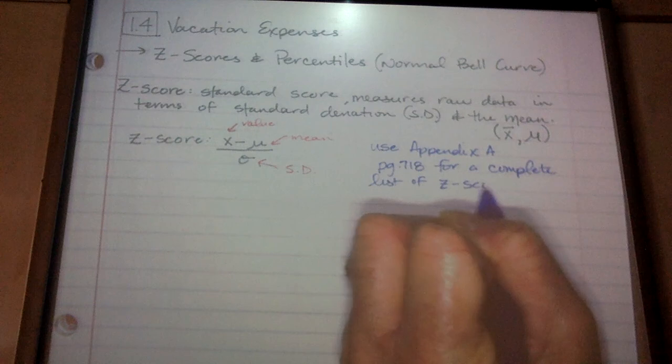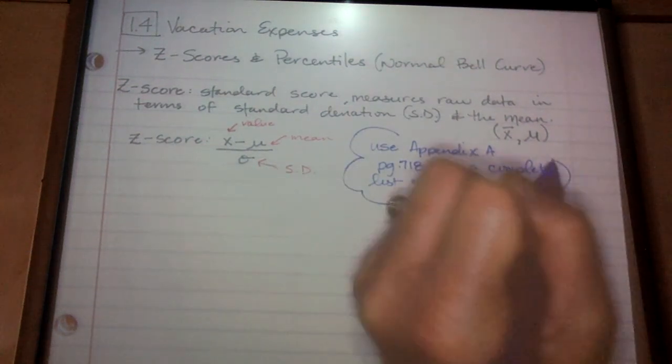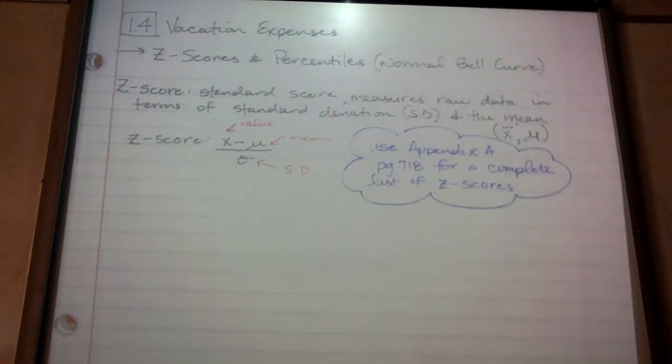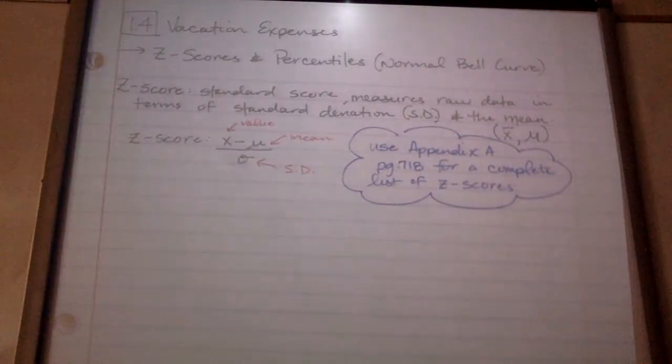So you might want to mark that page. Appendix A for you is the same page, page 718. It's very large. That's what it looks like in your book.